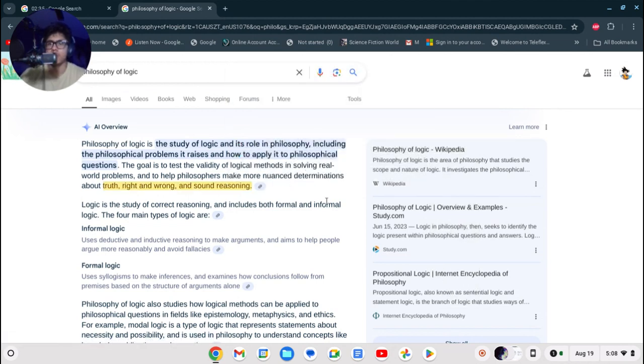Truth, right and wrong, and sound reasoning. The basis of that is basically truth, obviously, one, right and wrong, and sound reasoning. I think truth really is more general; you can use this basically for a lot of questions about life and everything.